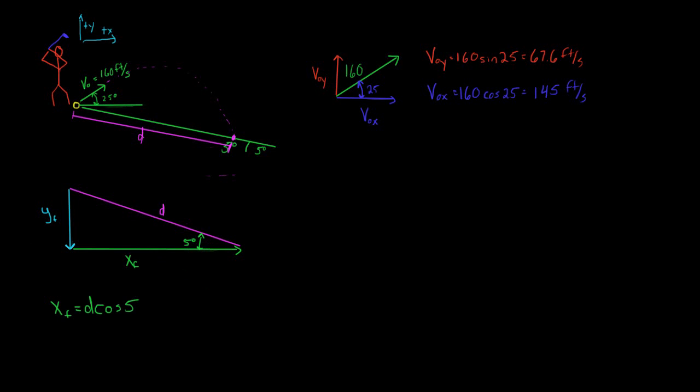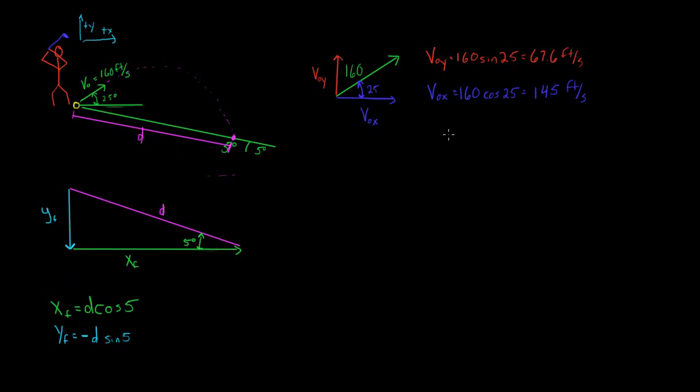And our y final is going to be a negative number because it's going down, and it's d times the sine of 5. So this gives you the x and y components of the final position that the ball is at.